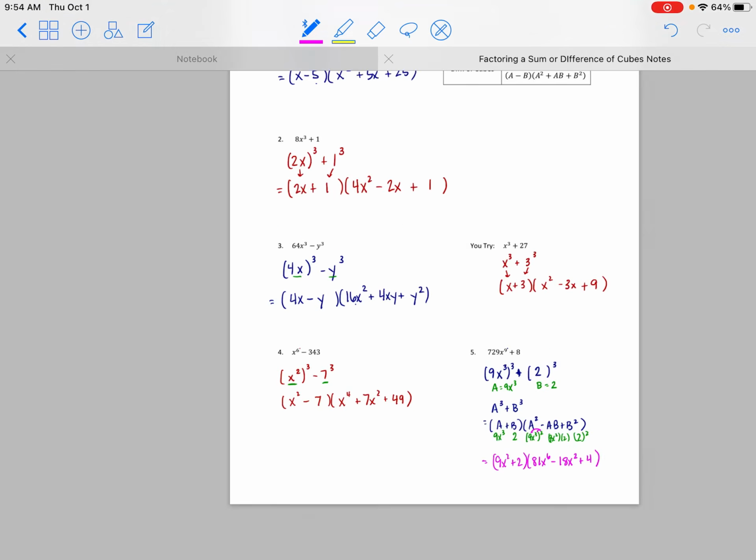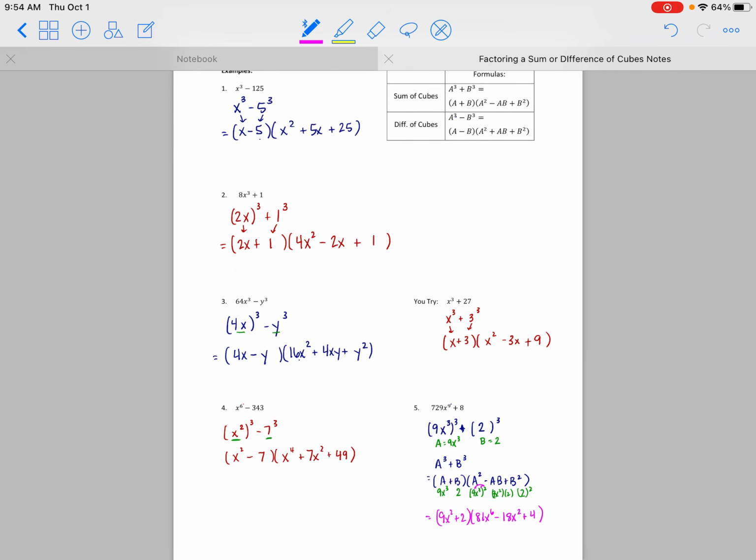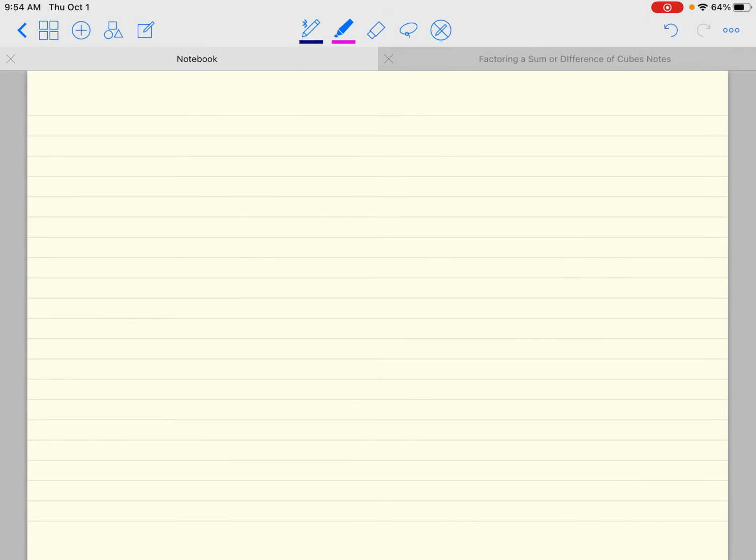Okay? I know I don't have a lot here, but I want to show you one more just utilizing the formula, so that if the verbiage that I was saying was confusing for you, let me show you one more. Let's say we were looking at 8x to the 6th minus 27.